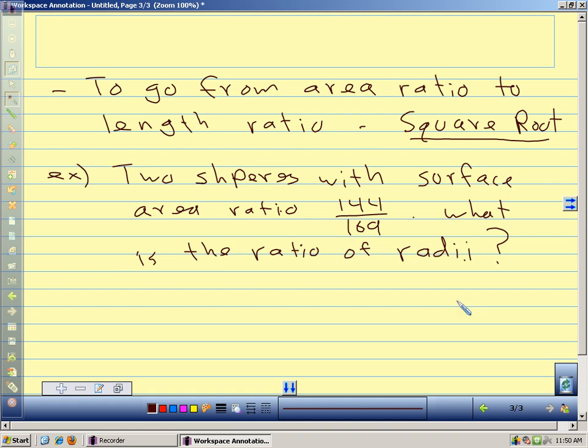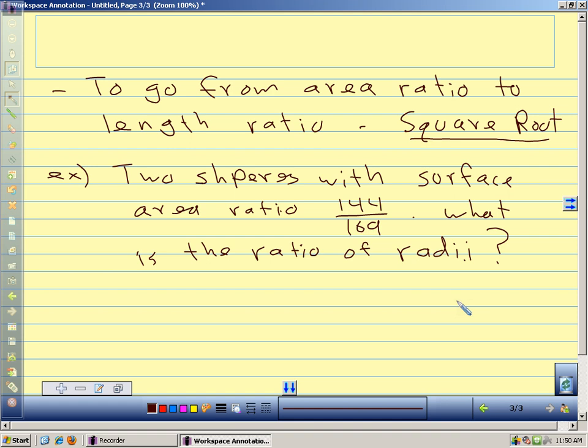So the first thing we need to know is, are two spheres always similar? Yeah, because for shapes to be similar, our loose definition was the same shape but a different size. Can two spheres ever be a different shape from each other?